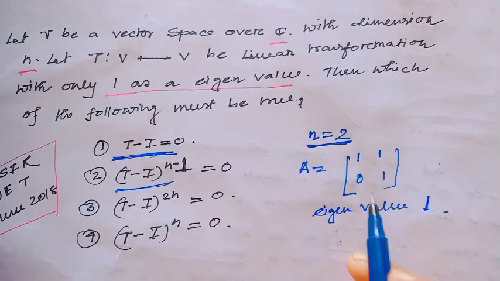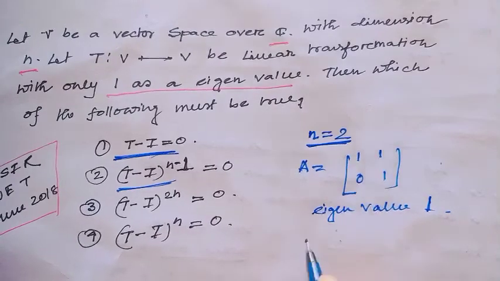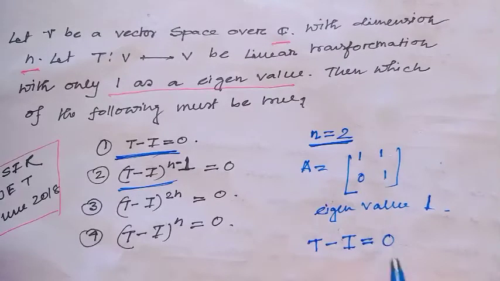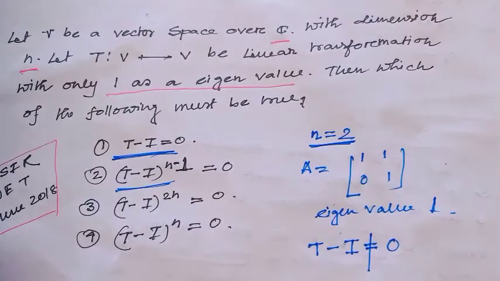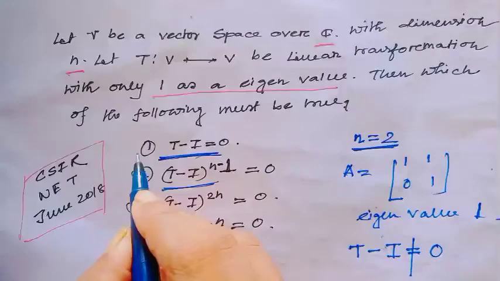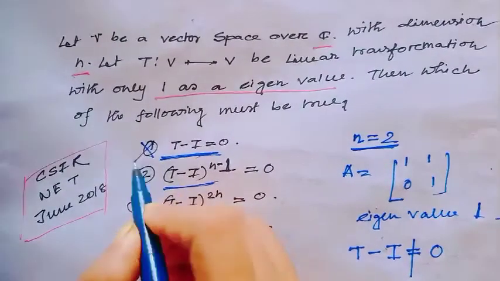So for this matrix, T minus identity equal to the 0 operator is not possible. Are you getting? That means option 1 is a wrong option.